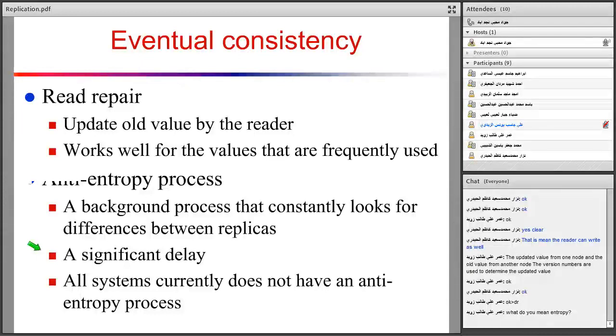What do you mean by entropy? I can say entropy checks the relation between the data, checks the dependency between data, and it uses some logarithmic measure.